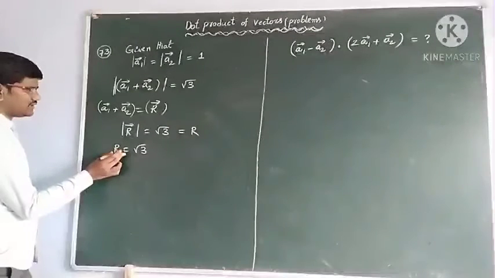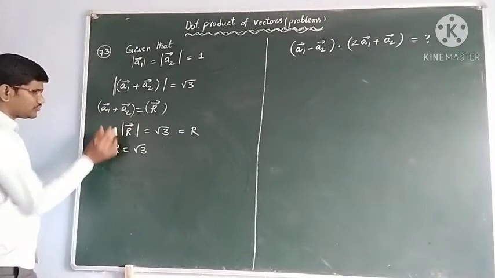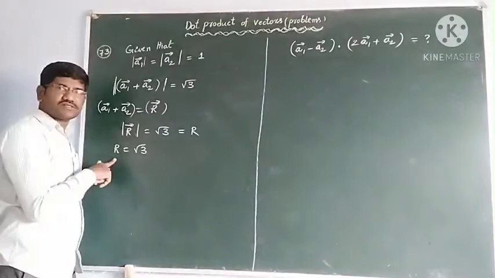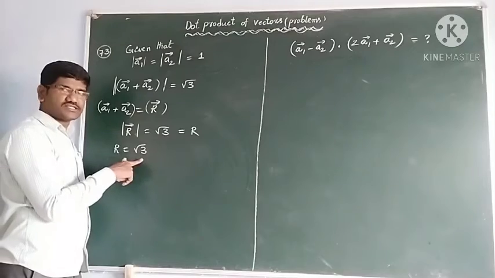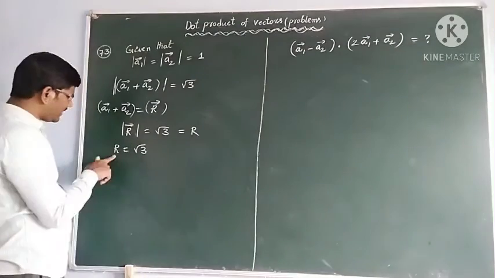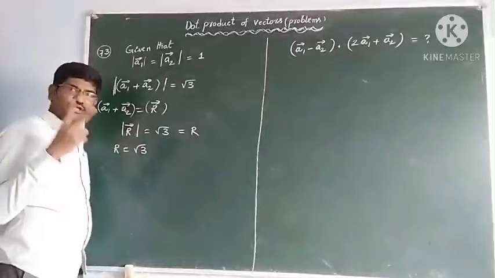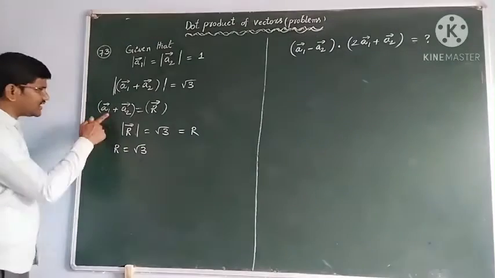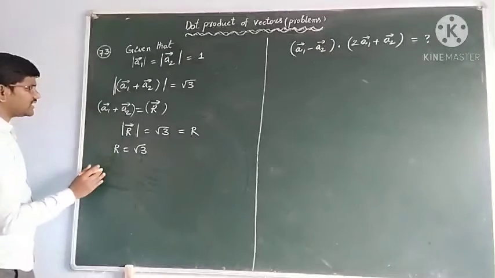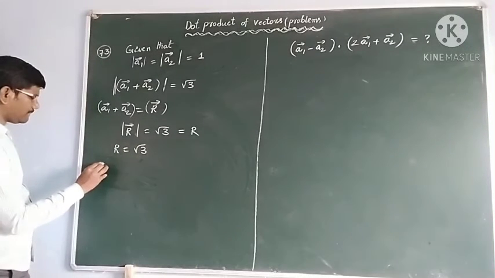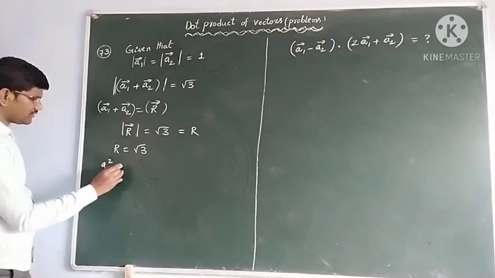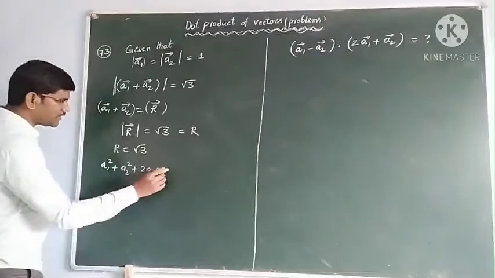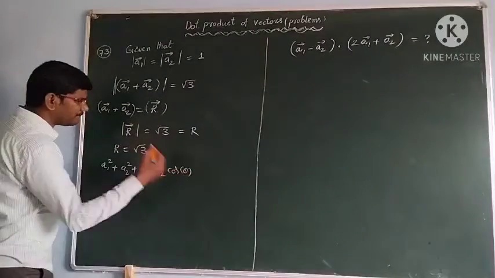So this R value is the magnitude of the addition of two vectors. From the parallelogram law of vectors, the magnitude of the resultant of two vectors p and q is under root of p square plus q square plus 2pq cos theta. Here R is the addition of A1 and A2 vectors, so its resultant will be under root of A1 square plus A2 square plus 2 A1 A2 cos of the angle between them.